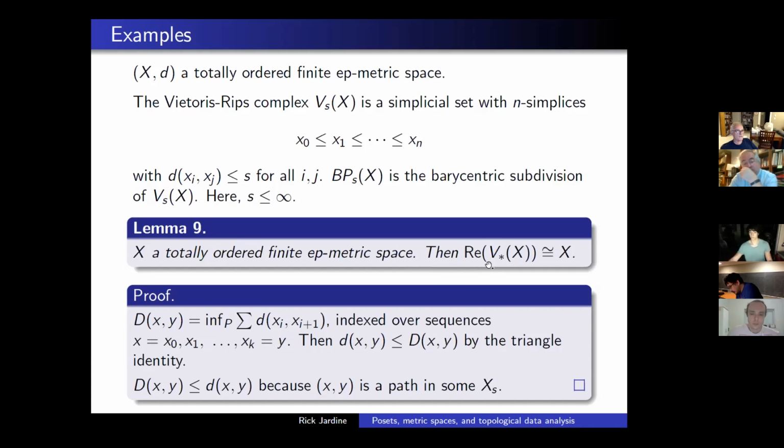The realization of the Vietoris-Rips simplex is just X itself, because of the way the distance on X infinity, which is just X, comes up. I'm not going to go through it, it's easy. So the realization of the Vietoris-Rips complex is the extended pseudometric space, which is just the one you started with. That's the point there.